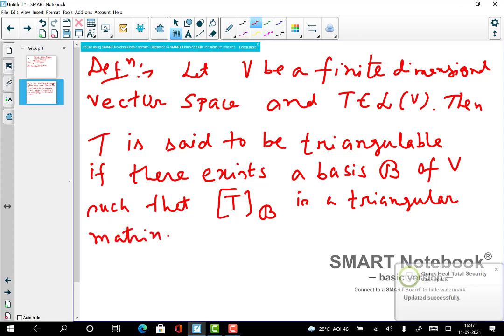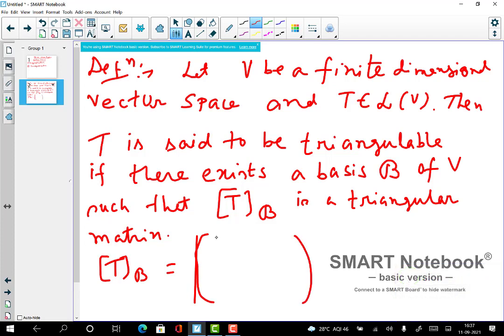By that we mean this form, so that below the diagonal everything is 0, and from the diagonal upward the entries can be non-zero. This is called an upper triangular matrix. So if we have such a basis, then T is called triangulable or triangularizable.